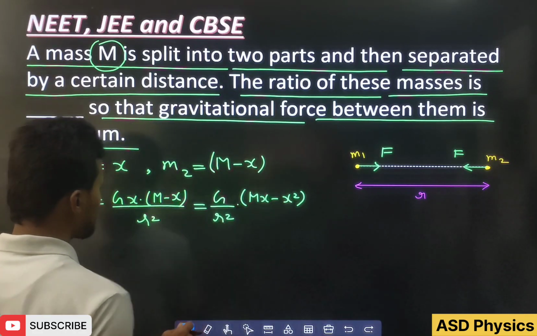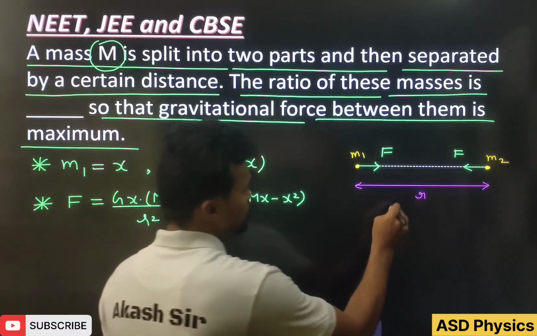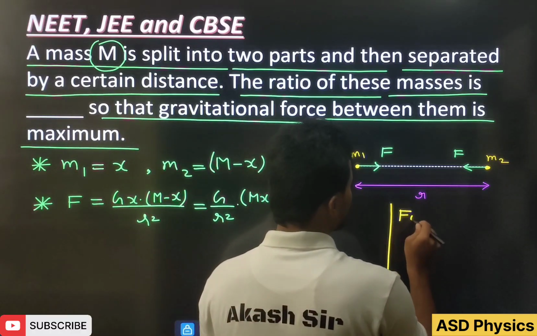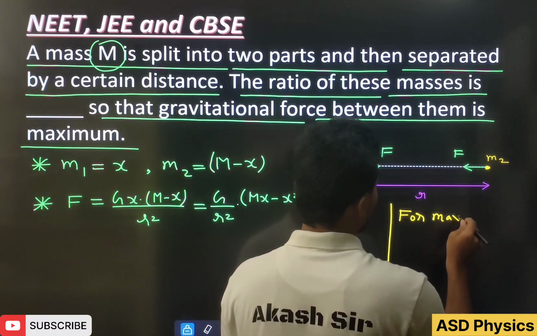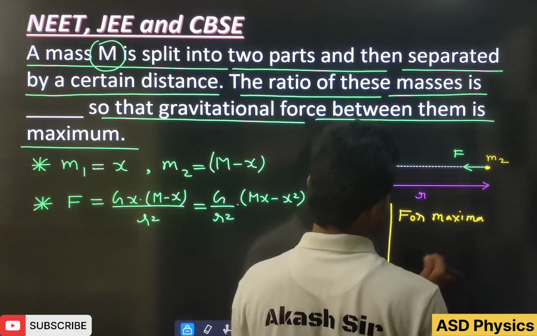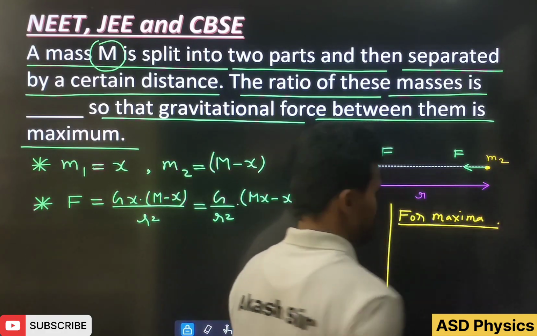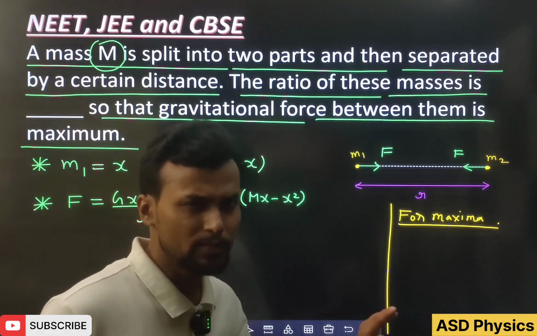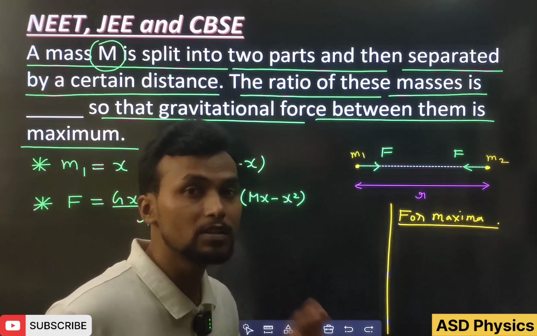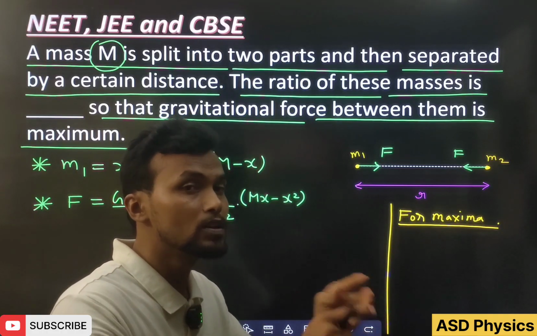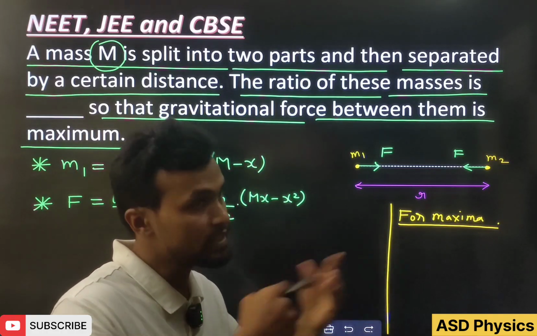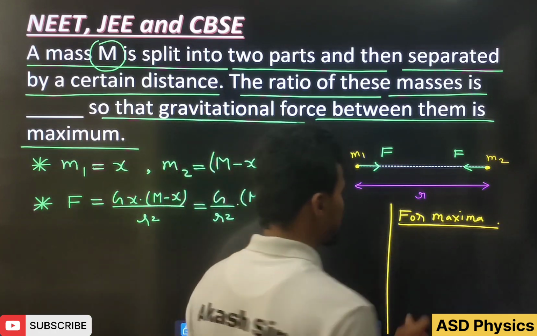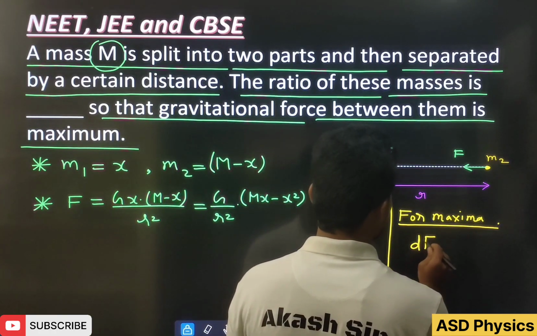Now I will teach you the maxima minima concept. Here they are telling maxima. If in the question they say maxima, maximum will be applicable. If they say minima, minimum will be applicable, because the double derivative will be set according to that.